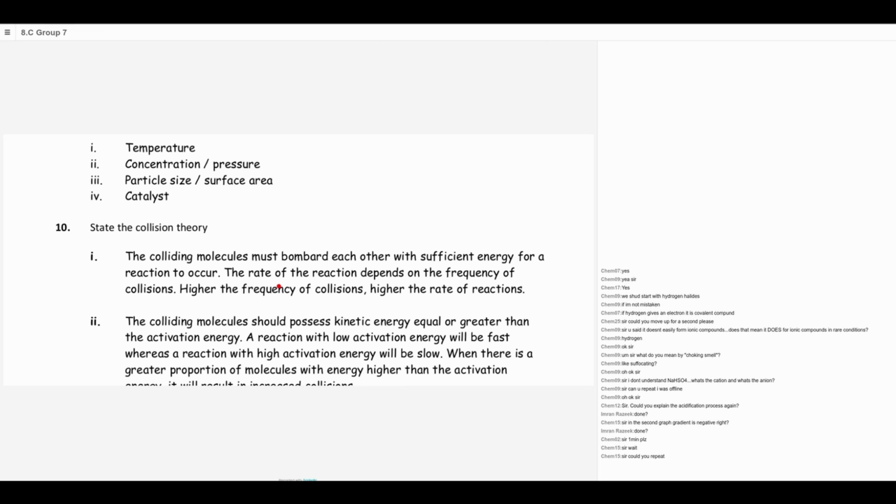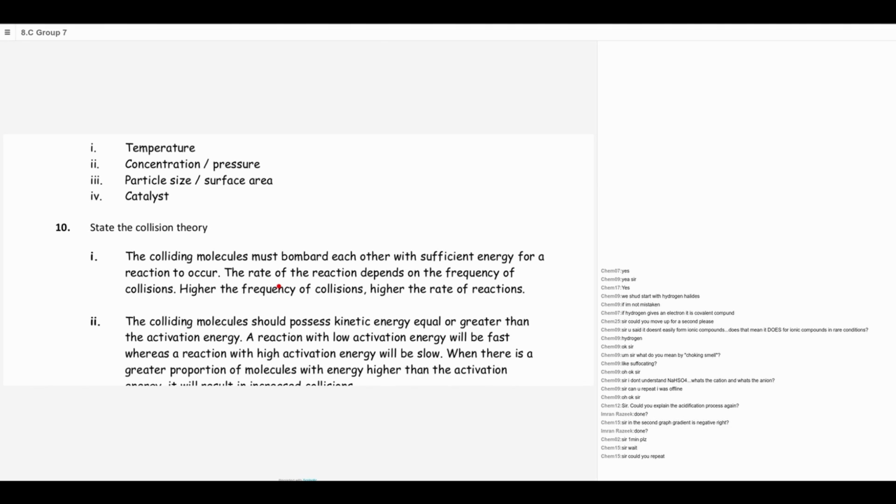So increased frequency of collisions, or increased number of collisions per second, will increase the reaction rate. How these 4 factors, temperature, concentration, surface area, and catalyst, affect the rate is explained using this collision theory. Now listen, it's important to mention the frequency of collisions, not just the number of collisions.